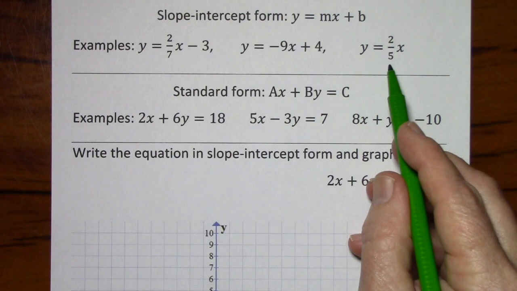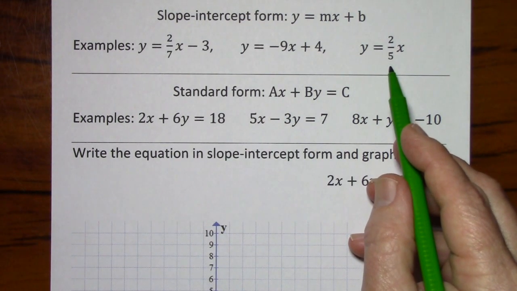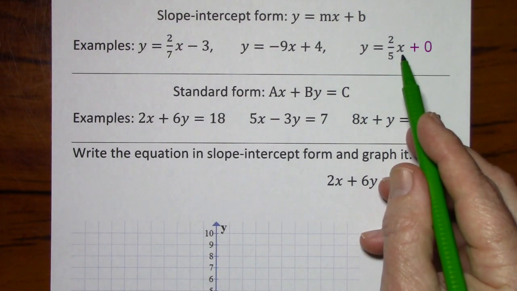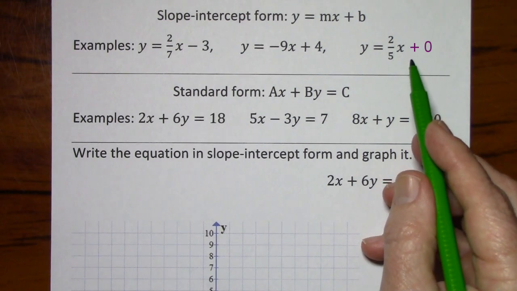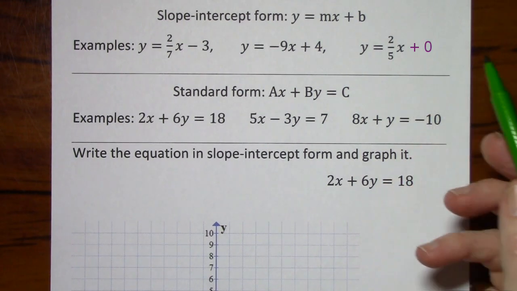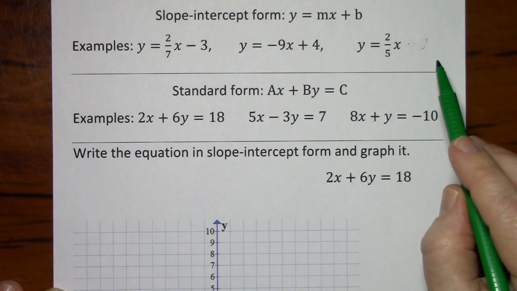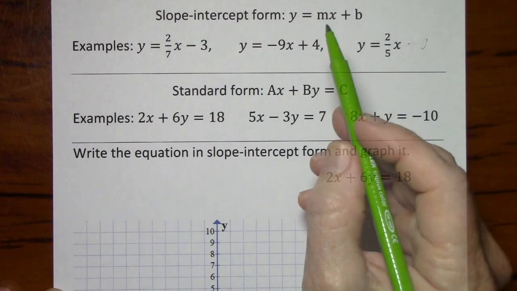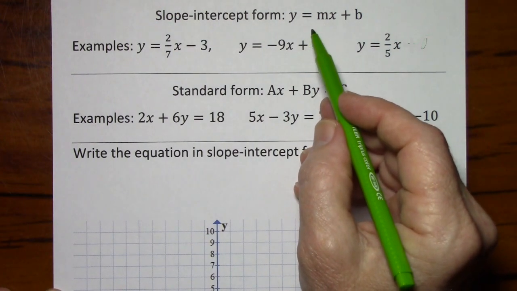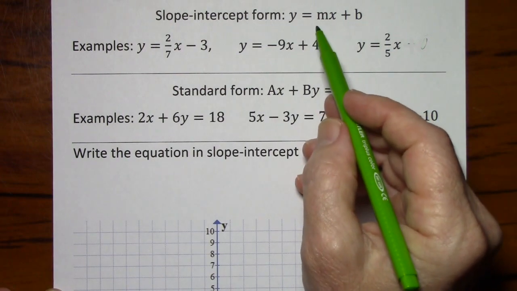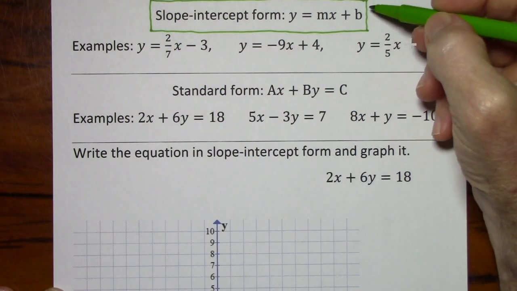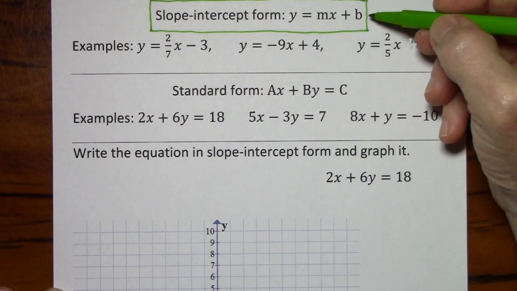You have x with a coefficient in front, which is your slope. Slope is 2/5. I don't have to write the y-intercept when x is 0, y is 0. It would be inefficient to have to write plus 0, so we don't bother to write it. But the main point is these three equations are in slope-intercept form. You're expected to have this form of the equation memorized, so when I have something that I need to keep track of, a lot of times I'll put a box around it just to help it stand out in my notes.